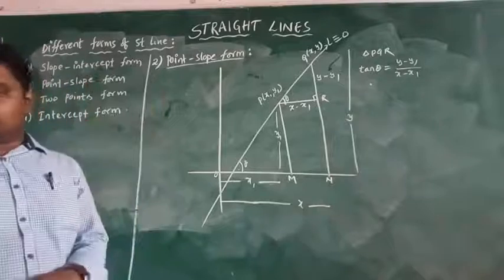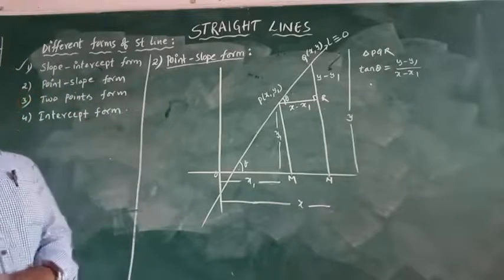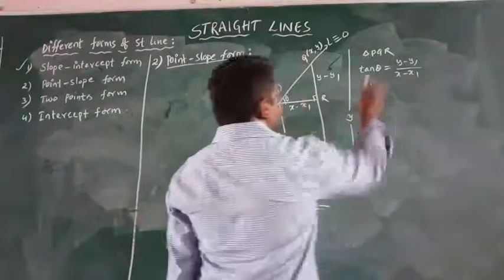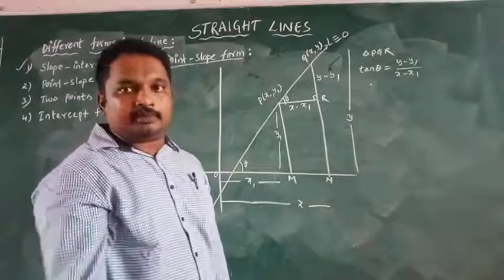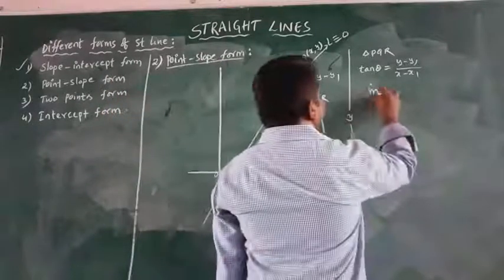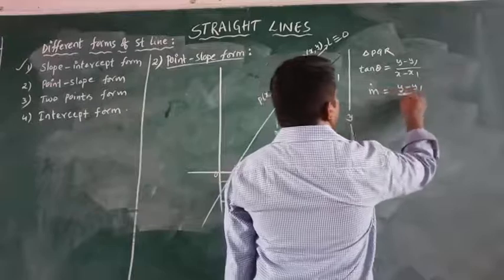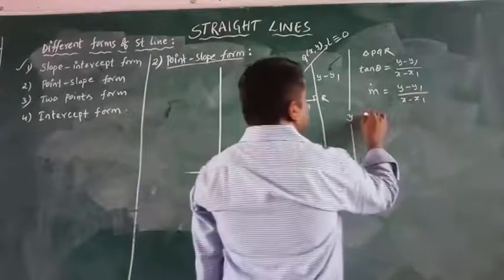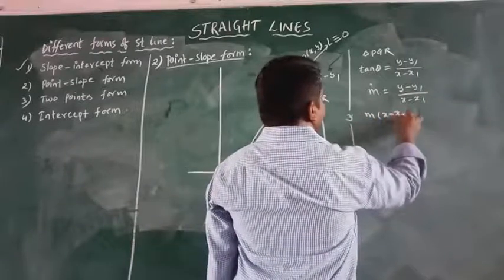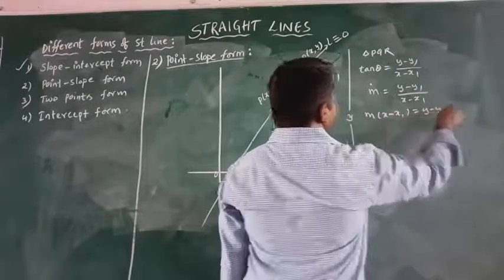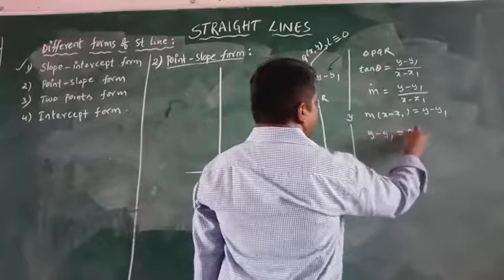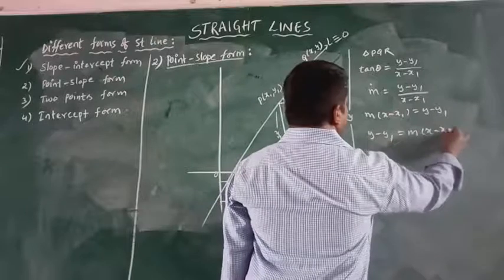So tan theta equals (y minus y1) by (x minus x1). Right. Tan theta, as you already know, means m, we can represent it with slope. So m equals (y minus y1) by (x minus x1). Cross multiply: m times (x minus x1) equals y minus y1. So this represents y minus y1 equals m into (x minus x1).